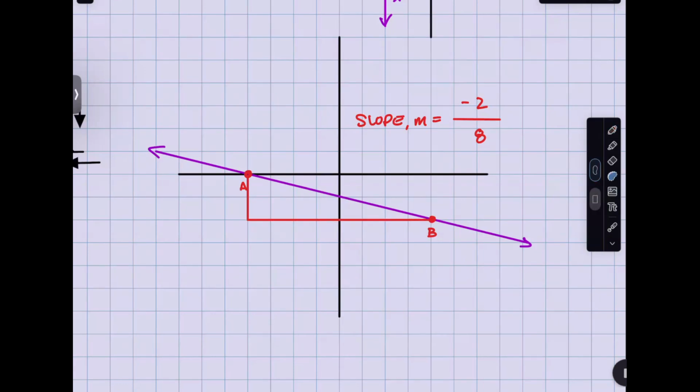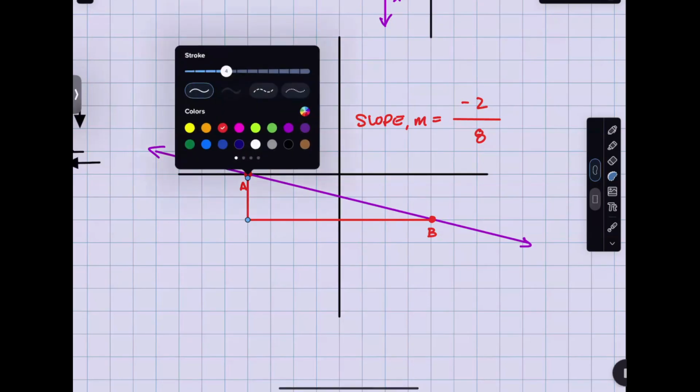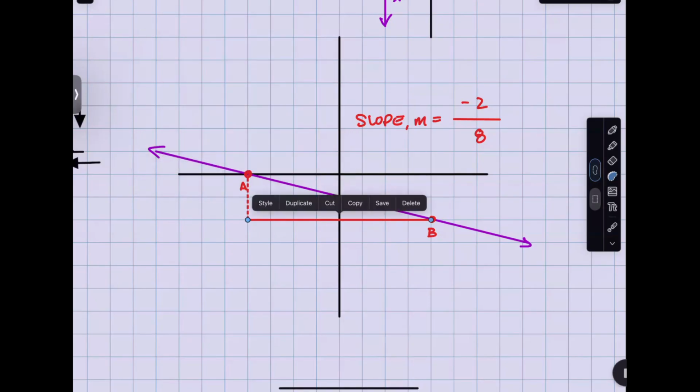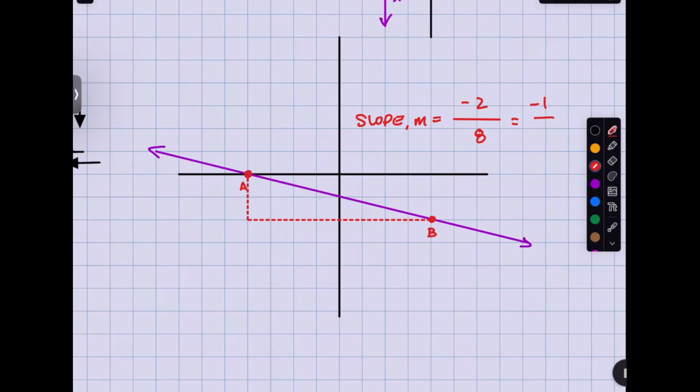Let's do this, though. There we go. And what is negative 2 over 8 going to simplify down to be? Negative 1 over 4. Because 2 goes into both of them, right? Now, if it was 8 over negative 2, it would be negative 4.